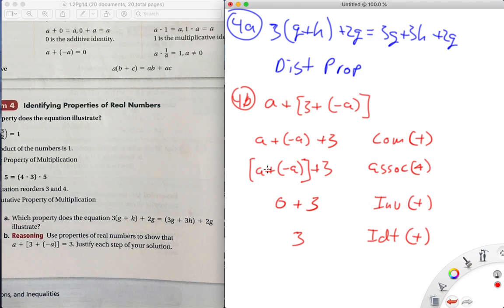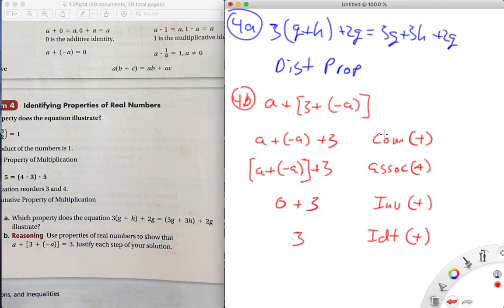So, first step, I took these parentheses off and I moved the negative A closer to the positive A, and I did that using the commutative property of addition. Then I was able to put brackets over the A and the negative A due to the associative property of addition. Then I was able to say that A plus negative A is 0 because of the inverse property of addition.